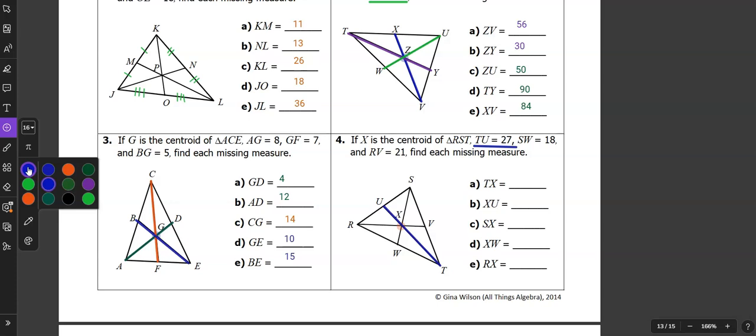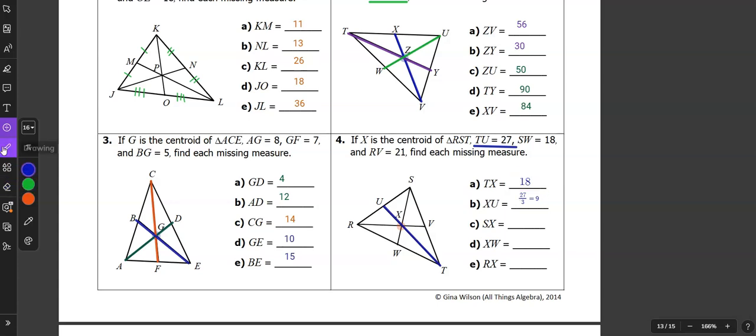So let's go ahead and do the second strategy on these first two. So XU, we're going to take 27 and divide it by 3. That means XU is 9. And if XU is 9, then that must mean that TX is going to be 18.